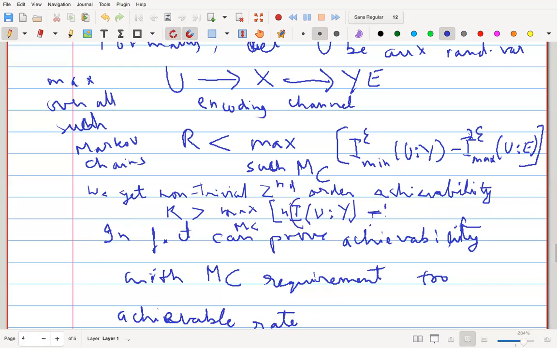The dependence on n is n times the mutual information from U to Y minus the mutual information between U and E.